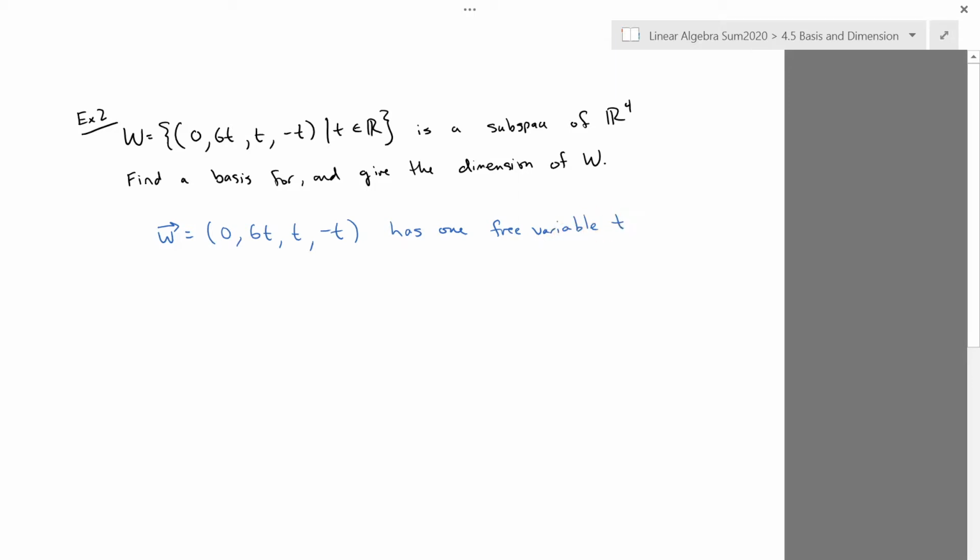So it's a simple matter of separating it, right? So I can just factor it right out. Right, so this is going to be my basis vector. And this equation here just shows that it spans W.